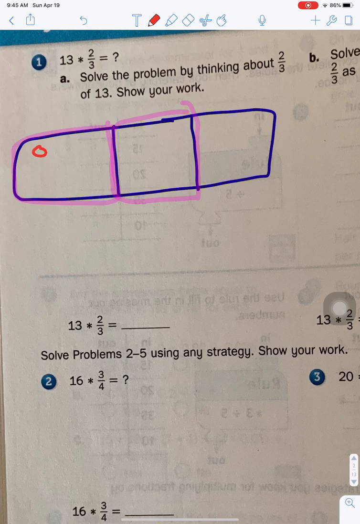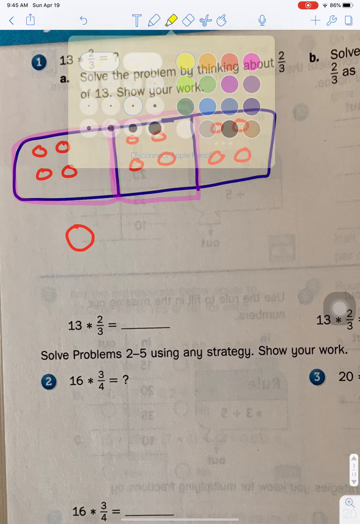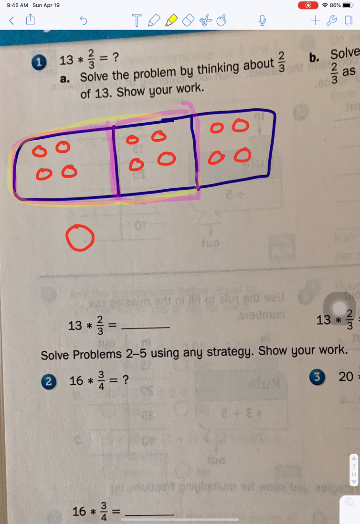So I'm going to do 1, 2, 3, 4, 5, 6, 7, 8, 9, 10, 11, 12, and then I have one circle left over. So that's 13. So 2/3, if I were looking in this section, would be this group.